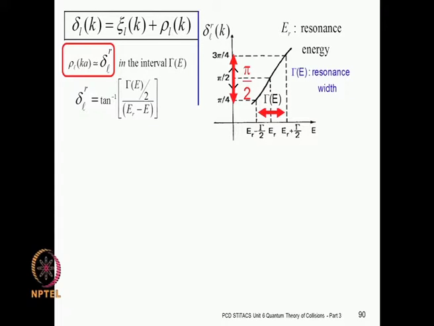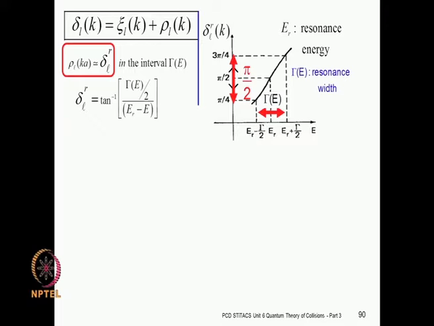So, you define this delta, with a superscript R. So, this is what the other phase shift will be in the resonance region. Okay. So, your net scattering phase shift is the sum of two parts, xi and rho, which we saw earlier. When you are at a resonance, this will correspond to the resonance phase shift, to emphasize the fact that it is the resonance part. So, rho is not always a resonance, because resonance will take place only if specific conditions for resonance are satisfied.